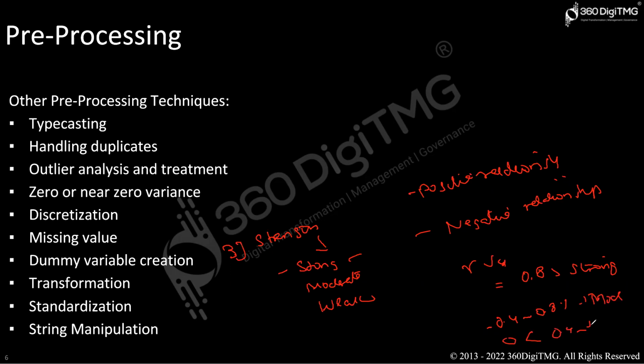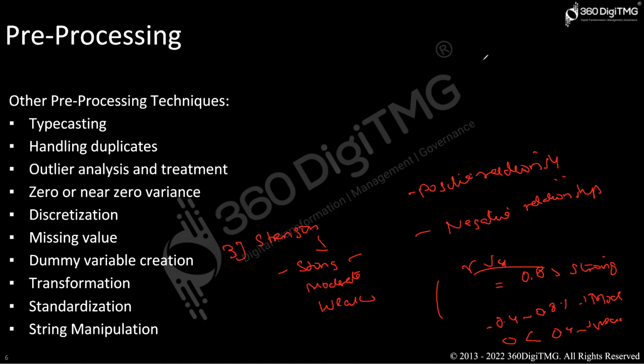Below 0.4 is called weak. If the value is below 0.4, then there is no relationship. So that's about bivariate analysis.